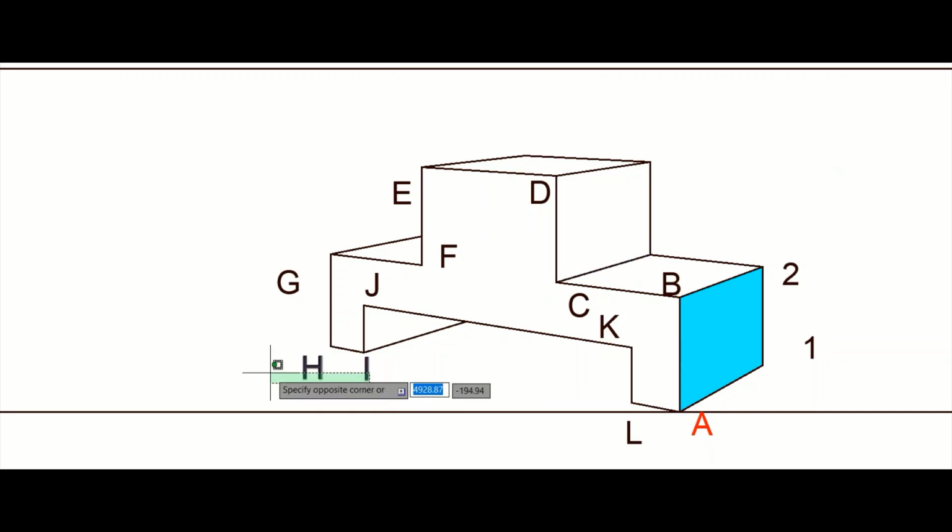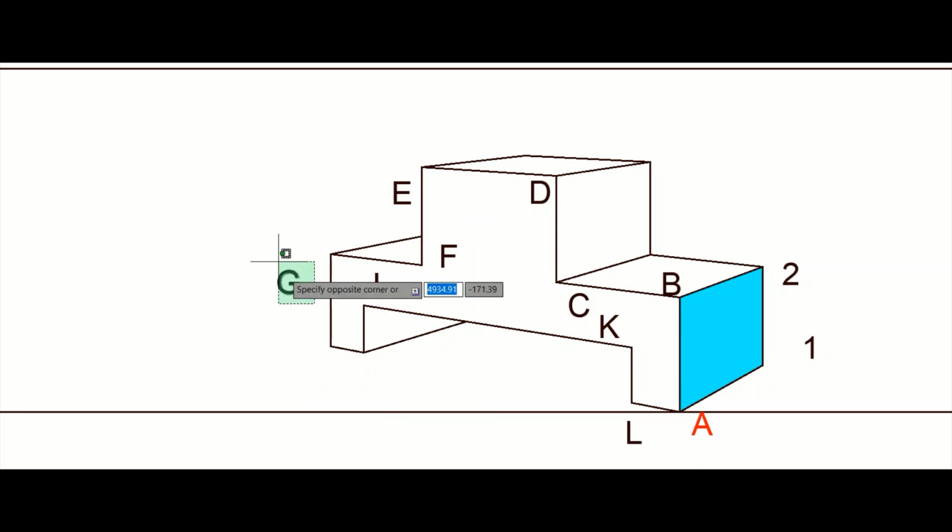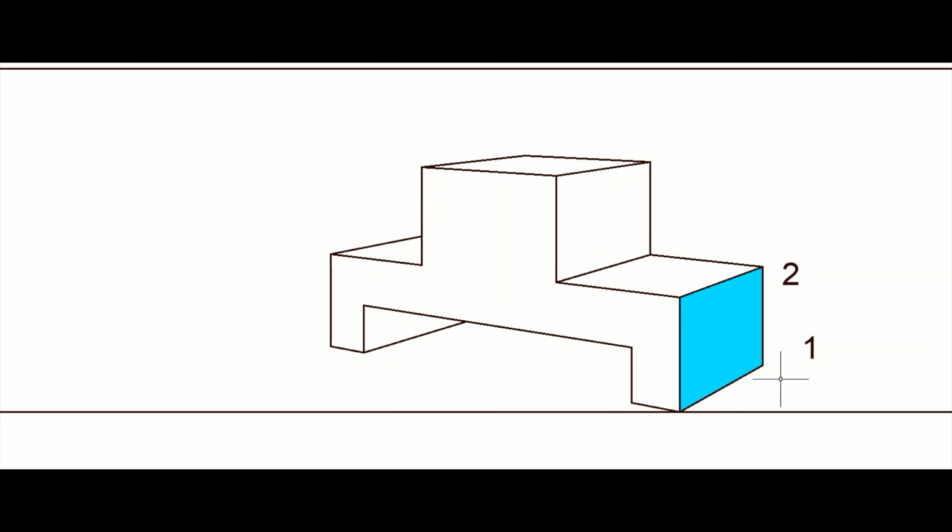If you are interested, you can also remove these names of the vertices and put the proper shading to compare the perspective with the isometric.